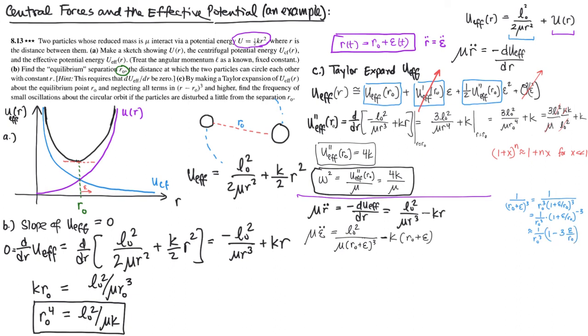So we can bring that into here. And what we see then is L naught squared over mu times 1 over r naught cubed, times (1 minus 3 epsilon over r naught).